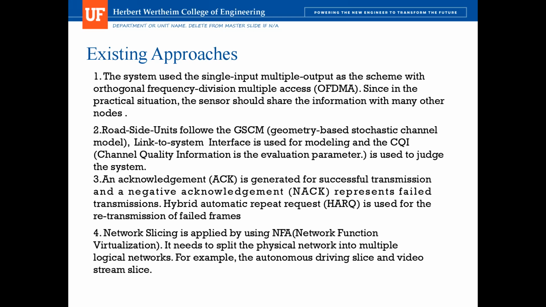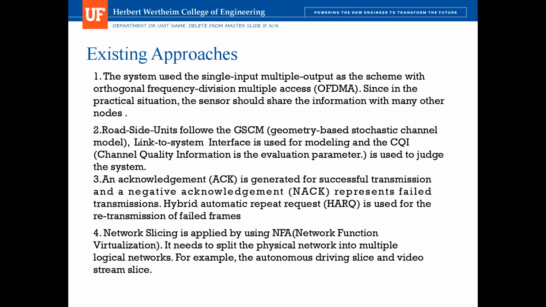And third, the ACK, which means an acknowledgement, is generated for a successful transmission, and a negative acknowledgement represents a failed transmission. These are used to test the system, and we also use the hybrid automatic repeat request for retransmission when we meet failed frames.